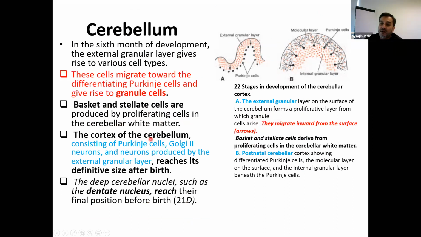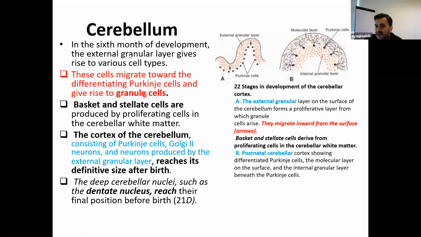And the cortex of the cerebellum, consisting of Purkinje cells, Golgi type 2 neurons, and neurons produced by the external granular layer, reaches its definitive size at birth. The deep cerebellar nuclei, such as the dentate nuclei, also reach their final position before birth.